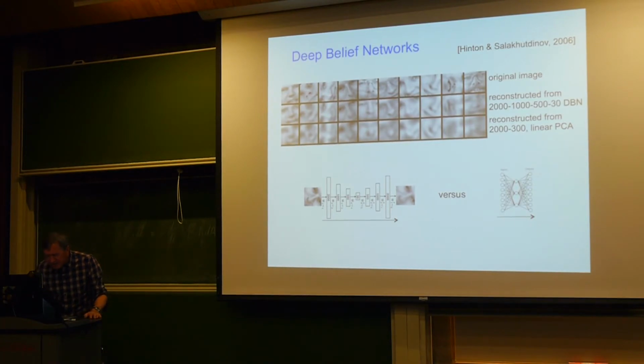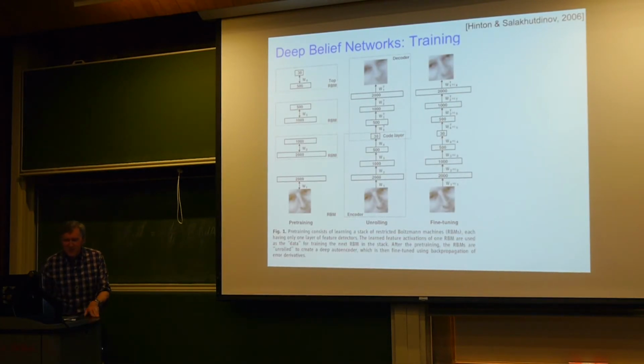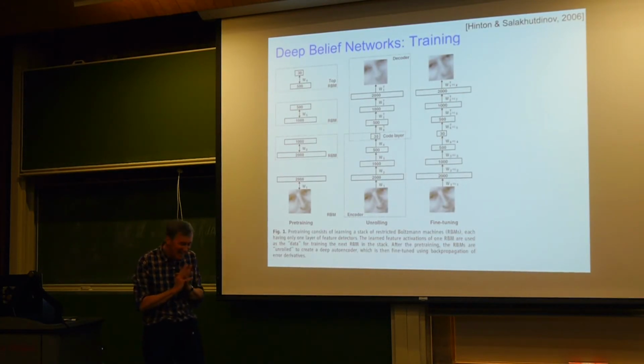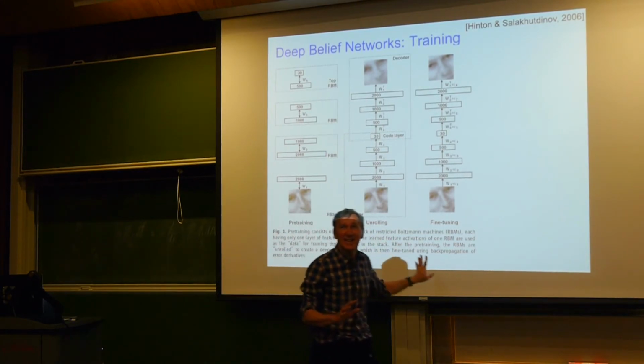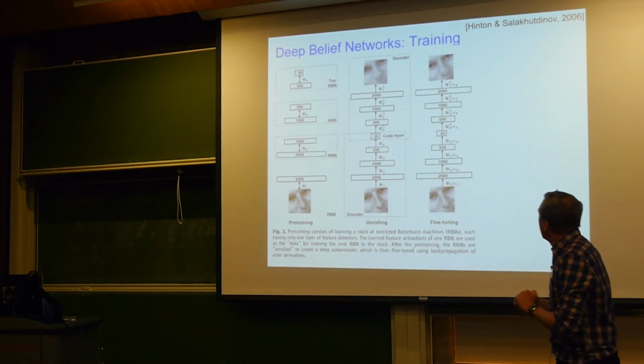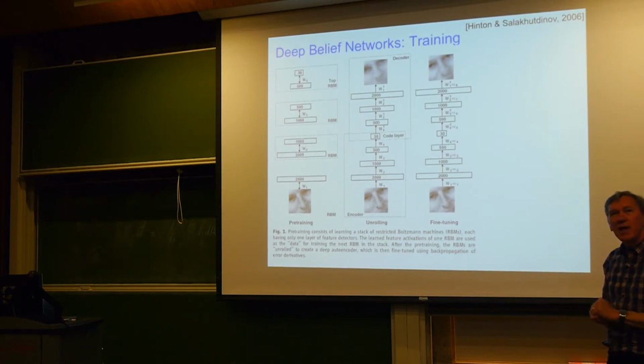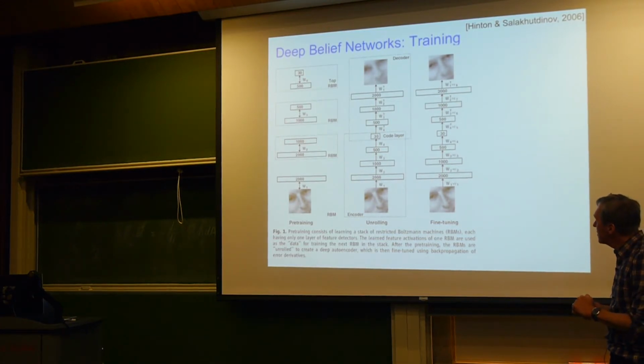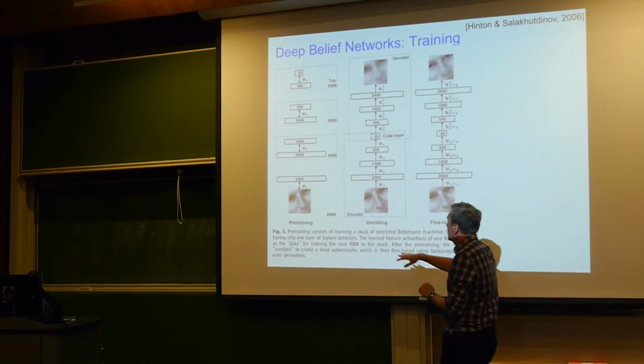Okay, so how do they do this? Well, here's how they did it. The big problem with training deep networks is local minima are rampant and it takes forever. So here's what they did. I'll just read you the figure.